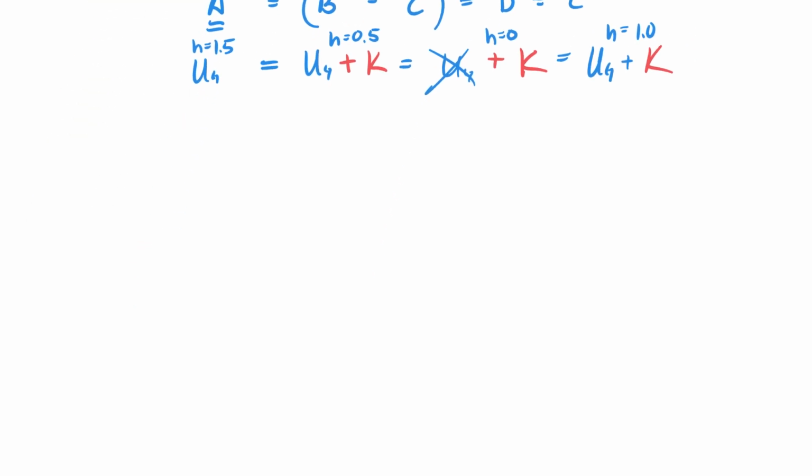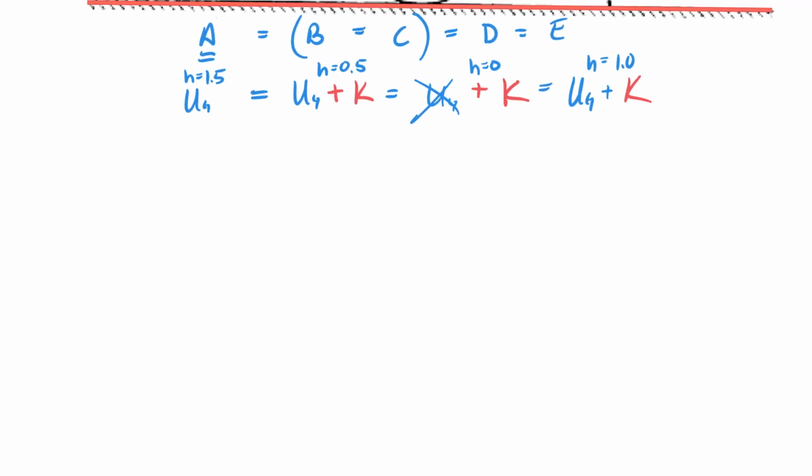0.5. All right. So we start off with mgh, where h is 1.5 above the reference level. That equals the speed at B: mg, well, that's 0.5 above the reference level, plus 1/2 mv squared.